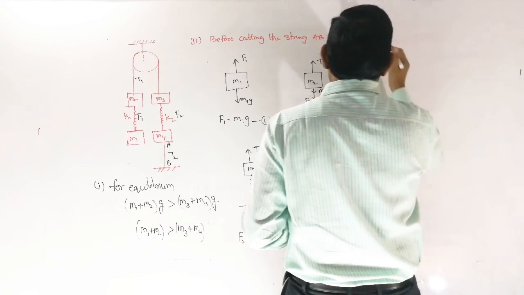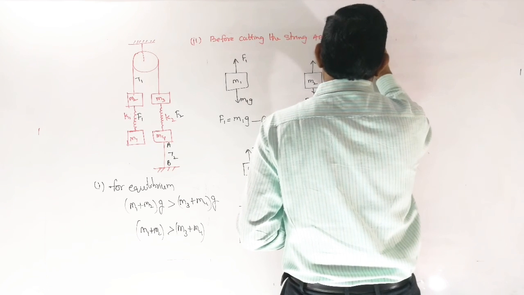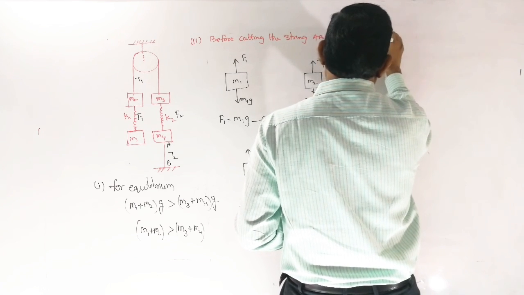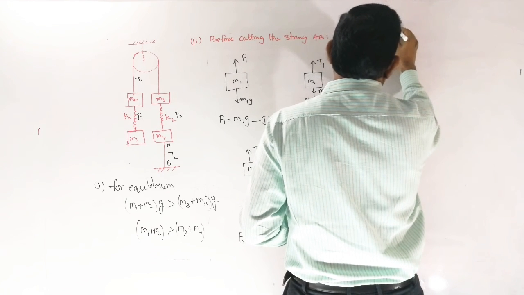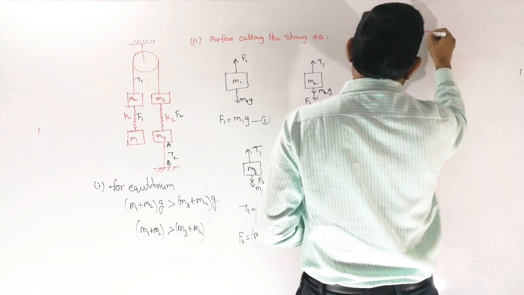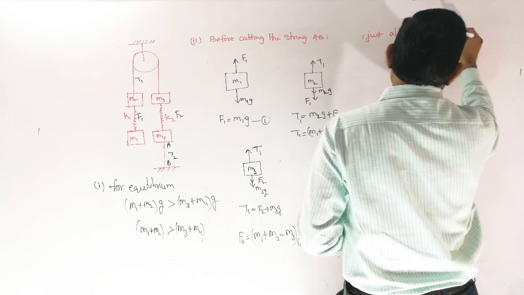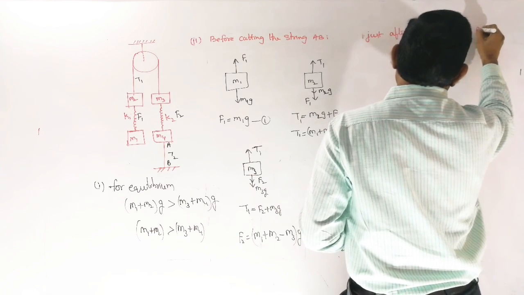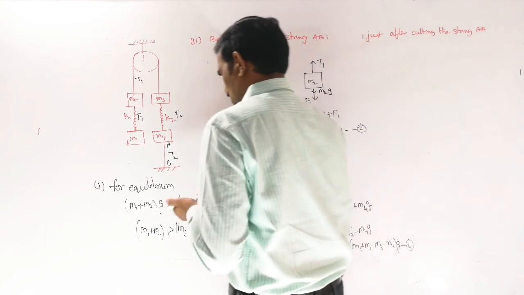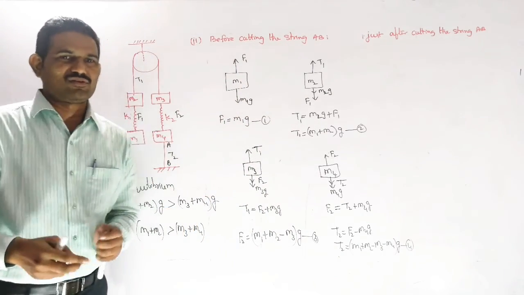So that means now, just after cutting the string AB, we are cutting the string AB here. Now let us take free body diagrams again, and then we need to write the force equations, right?